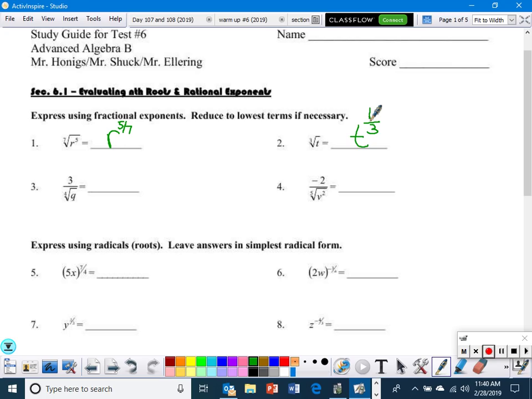All right, well, first I'm going to change the root to a rational exponent. So I'm going to rewrite this. I'm going to do a little scratch work off to the side here. So I've got 3 over q to the 1/4 power.